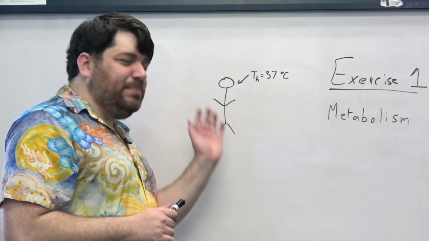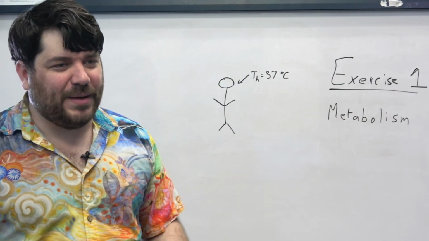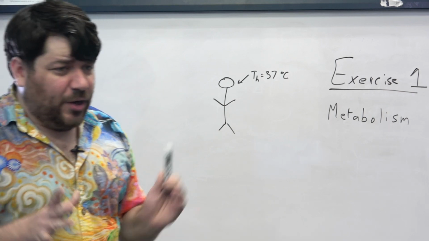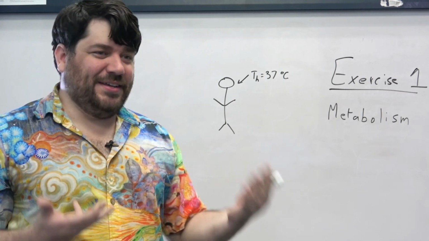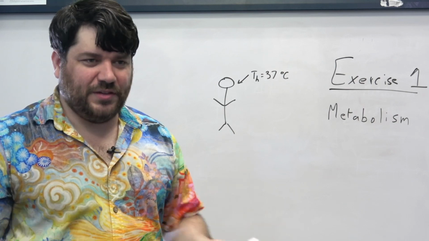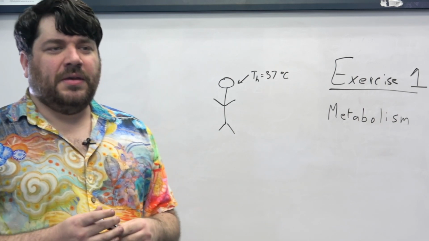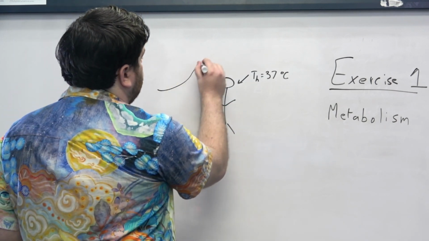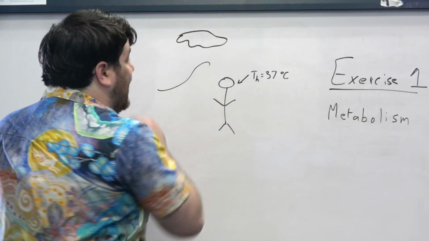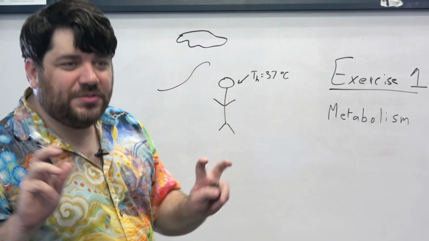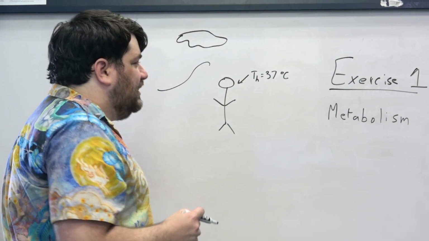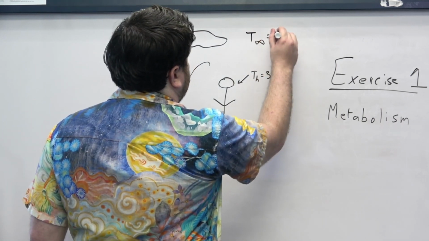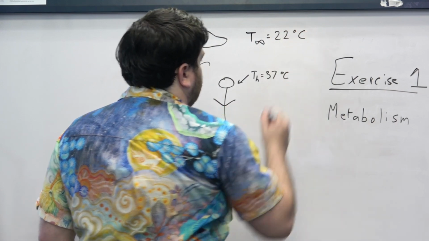Curiously, human beings in general like to be surrounded by air that's at a temperature that's much lower than 37 degrees Celsius. And although it will depend based on the kind of person that you are, in particular your physical characteristics and things like that, most of the time, the human body likes to be surrounded by air that is at room temperature, which we can say is somewhere on the order of about 22 degrees Celsius.